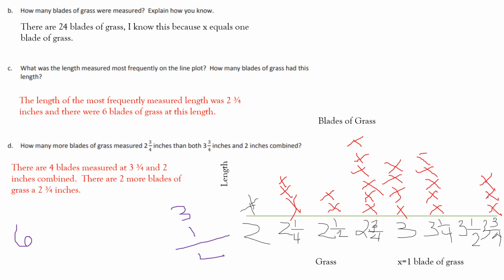That is 4 when we add them. So I just said there are 4 blades measured at those lengths, which means there are 2 more at 2 3/4 inches, because 6 minus 4 equals 2. So this was actually our last problem for this lesson.